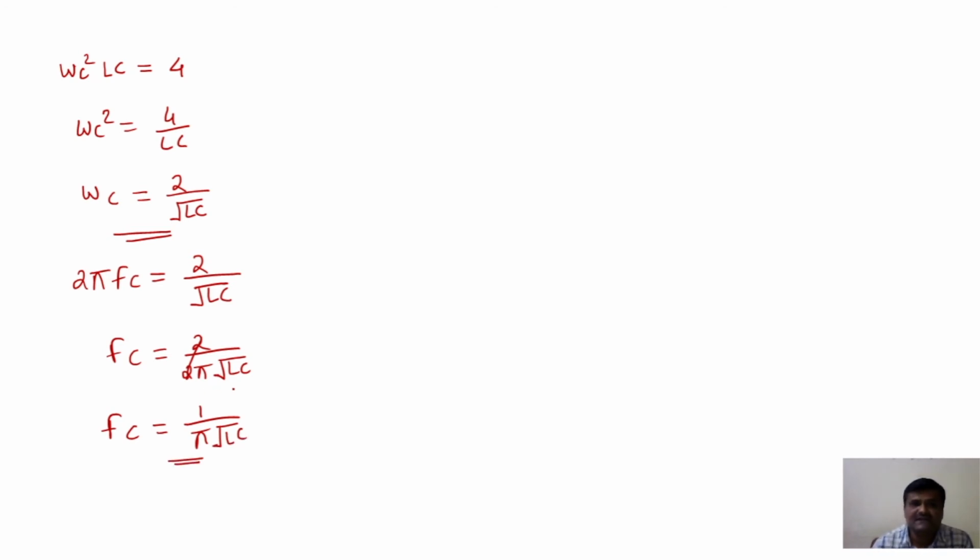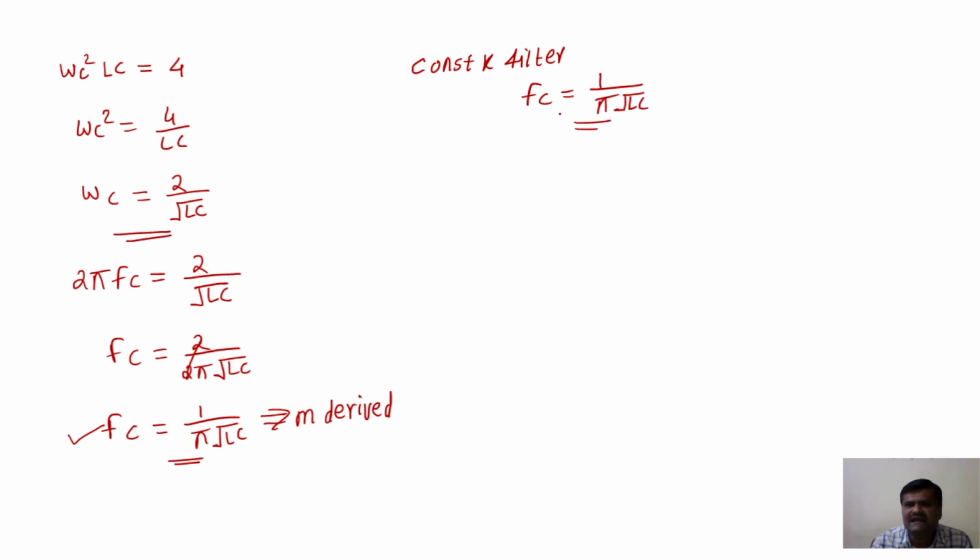See carefully, if you compare the cutoff frequency of this m derived filter to the constant K filter cutoff frequency, the constant K filter cutoff frequency is given as fc equals 1 upon pi root LC. So the meaning is that the cutoff frequency of constant K filter and m derived filter are the same.